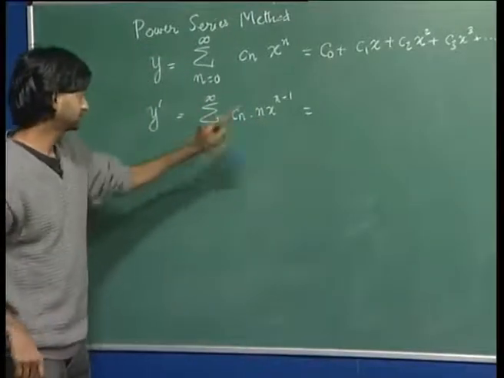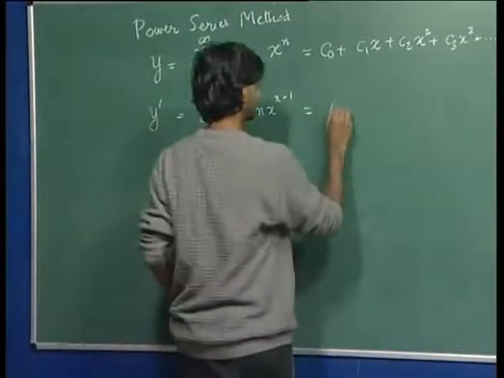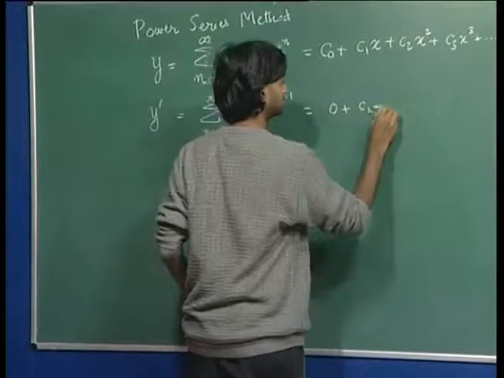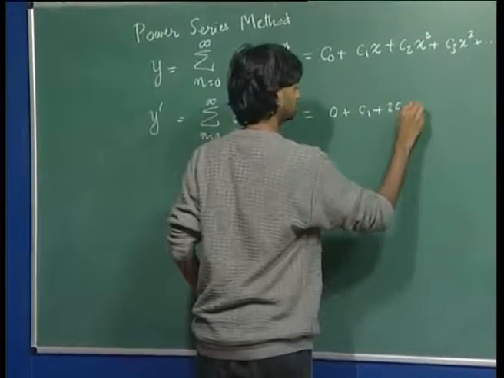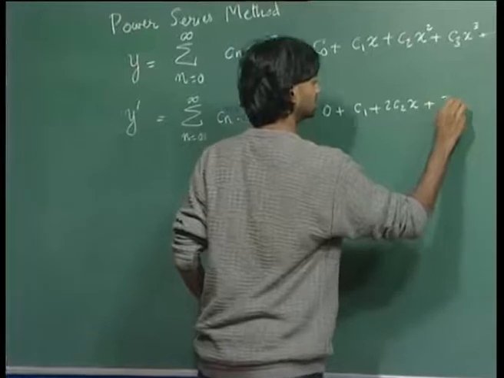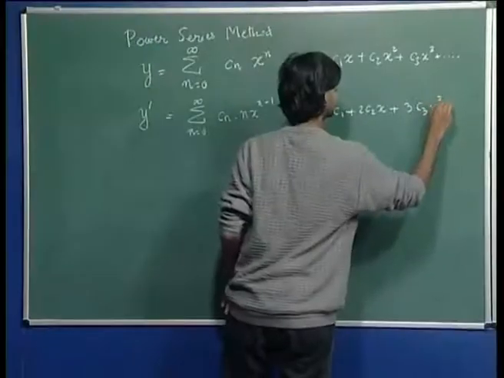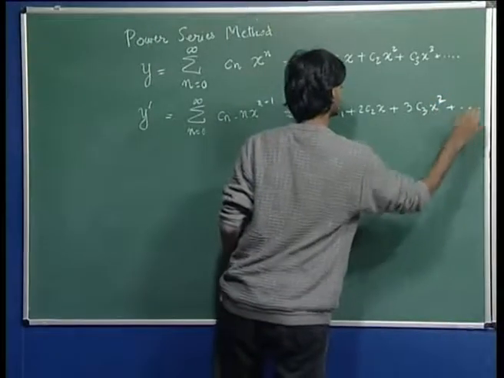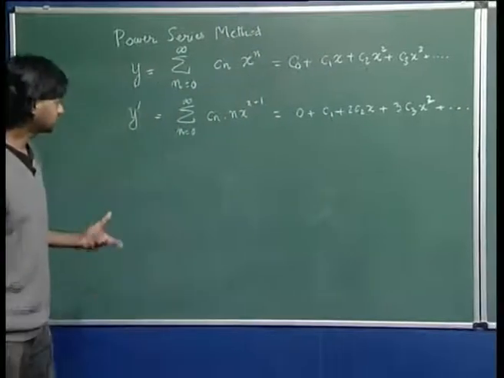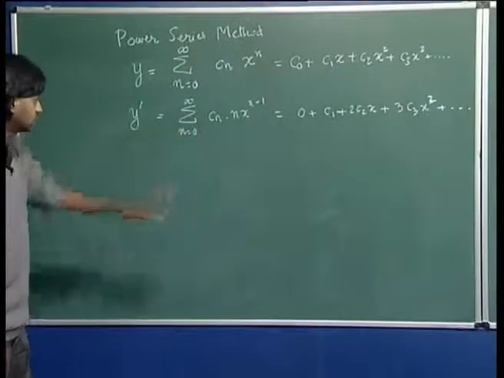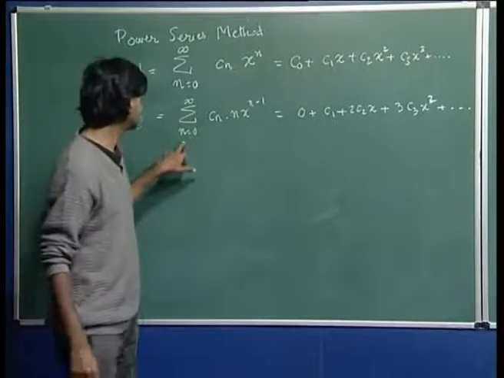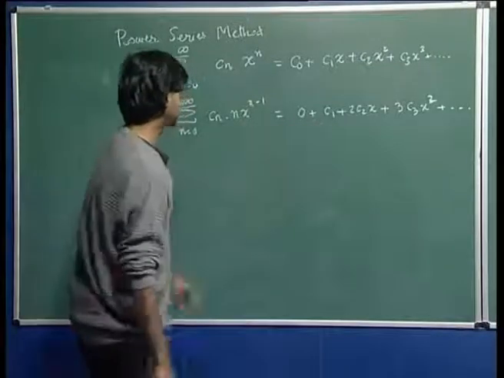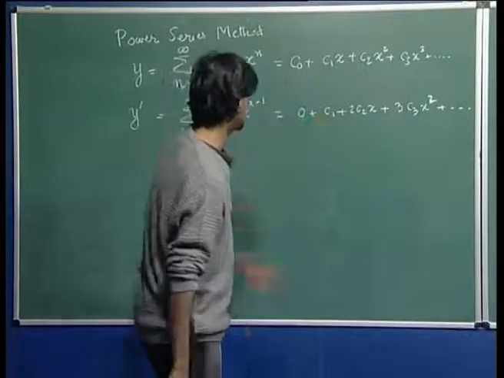So, you have 0 plus C 1 plus 2 C 2 x plus 3 C 3 x square. Okay. So, what you have is a power series that starts with C 1. So, here you started with C 0, now you start with C 1.